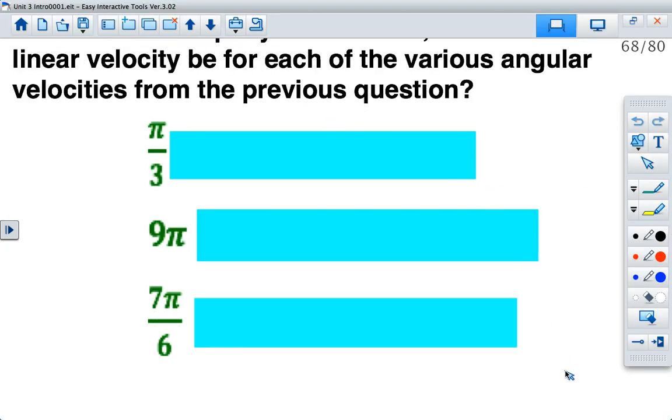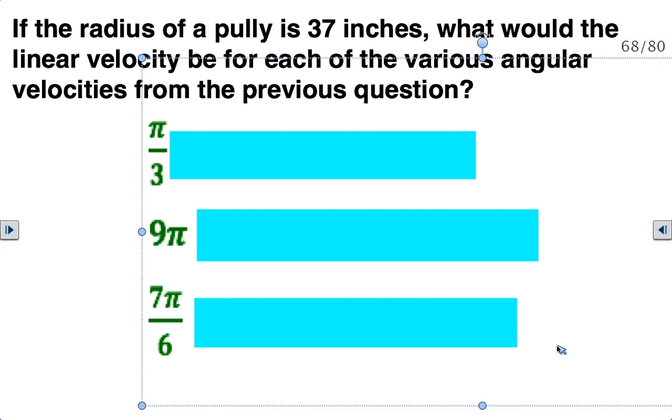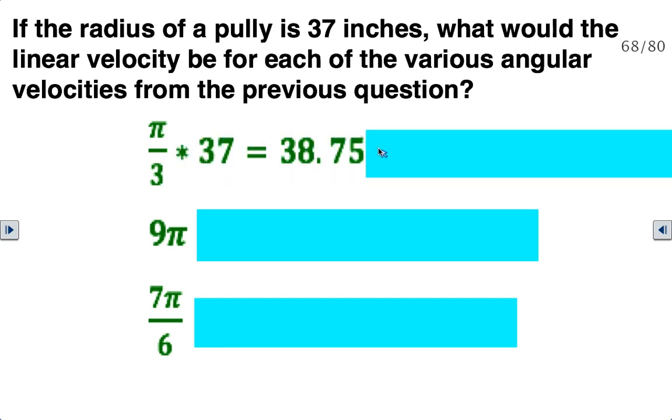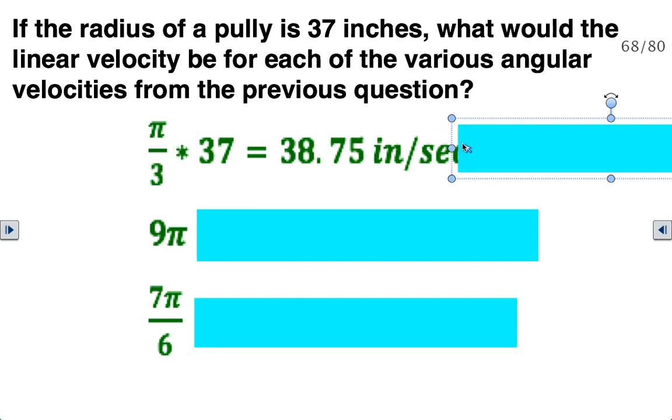So now once we get those angular velocities, the question will say, if the radius of the pulley is 37 inches, what would the linear velocity be for each of the angular velocities from the previous question? To convert from angular to linear velocity, you multiply by 37 and plug it in the calculator and you get your answer.